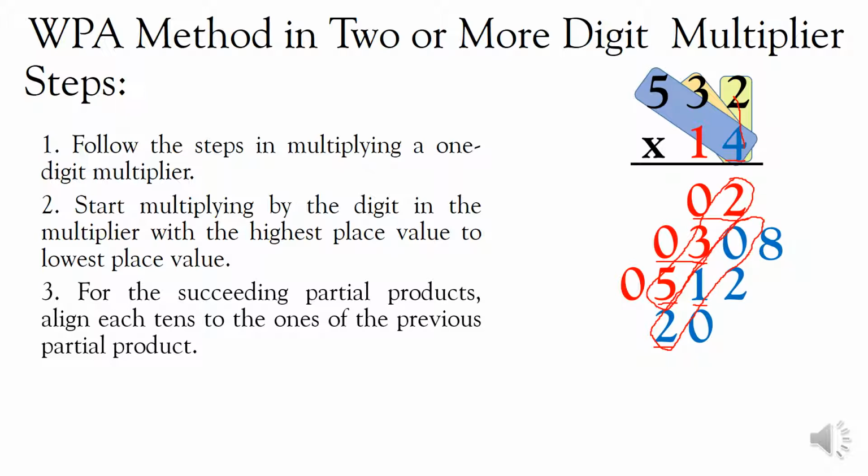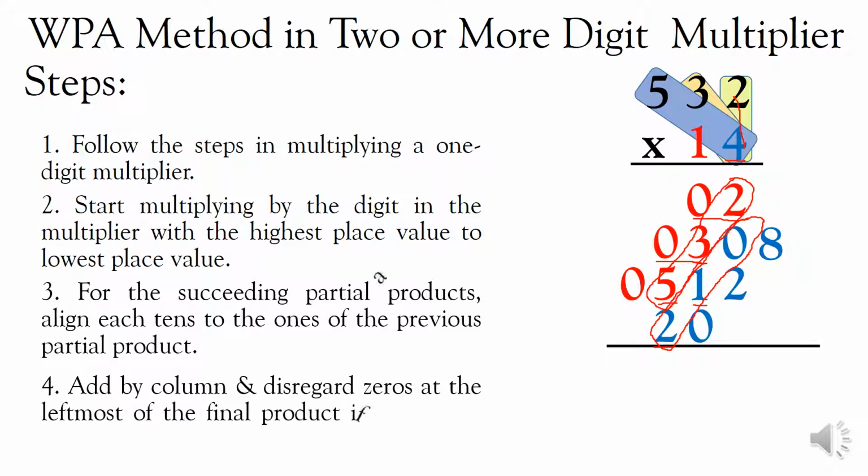Since there has been no digit left to be multiplied, we will proceed to step 4, which is adding the digits by column, and we will disregard zeros at the leftmost of the final product to get the final product.